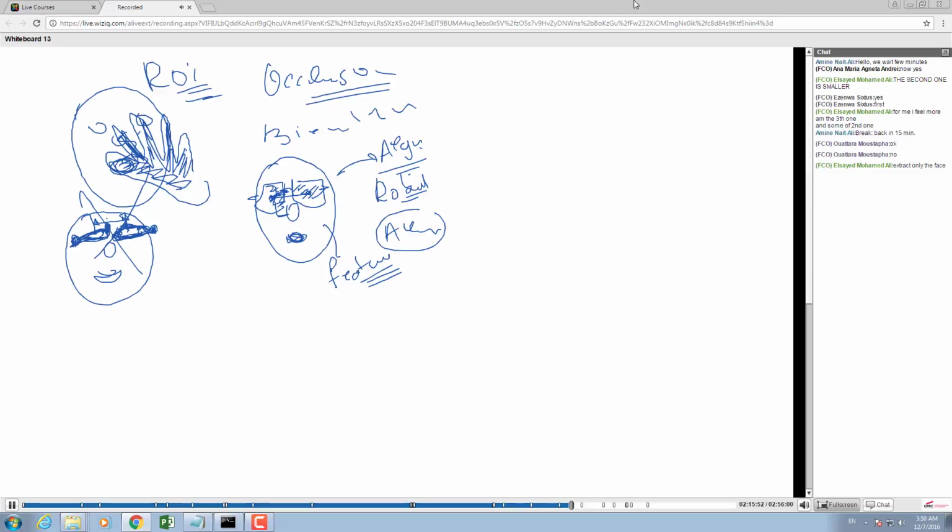So your algorithm will detect this point, and maybe it will detect this one, and it will be a nightmare for your system. And believe me, even now there are some research groups working in this field to recognize people with and without makeup. So it may be a problem.